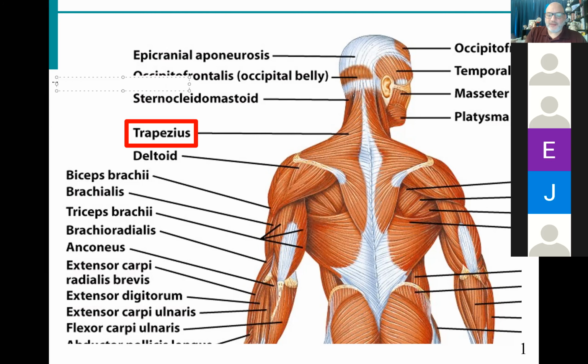And if we were to describe it, notice it is superior, it is superficial, and it is mostly posterior. Obviously, this is a big prominent muscle on the posterior part of the body, but notice that pesky word mostly, because what, of course, does mostly mean?